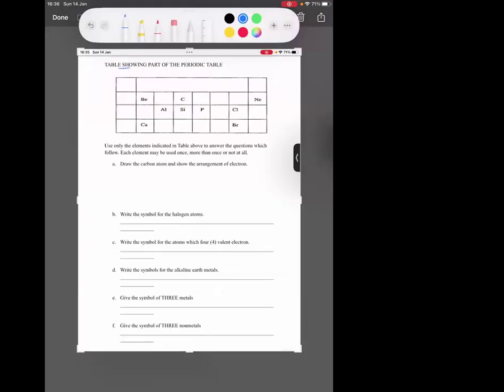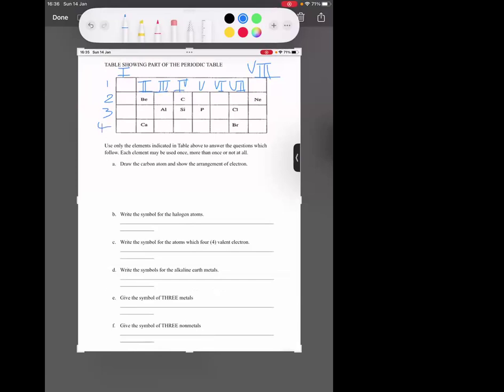So this is group 1, 2, 3, 4, 5, 6, 7, 8. Clear? Yes, miss. Period 1, 2, 3, 4.